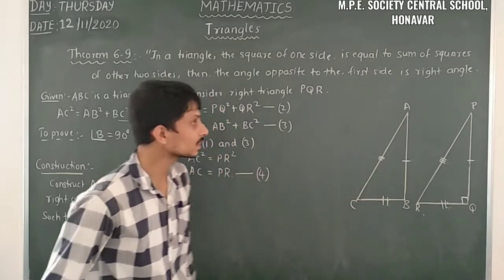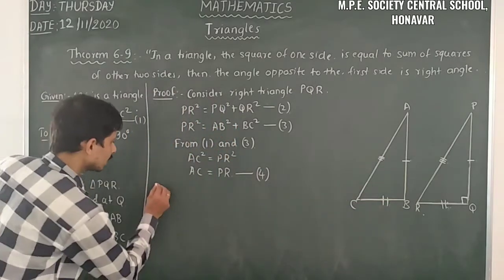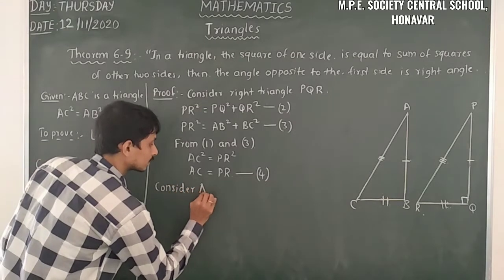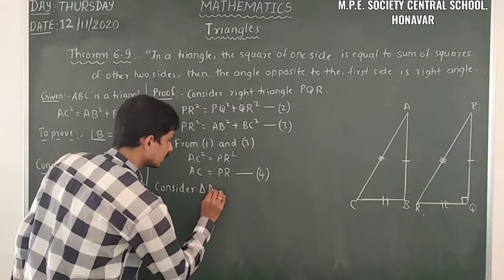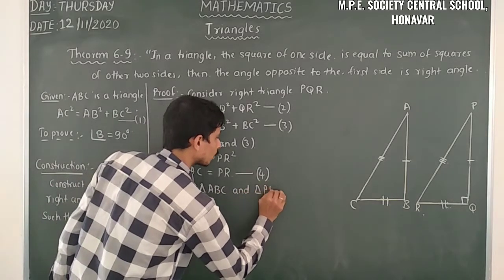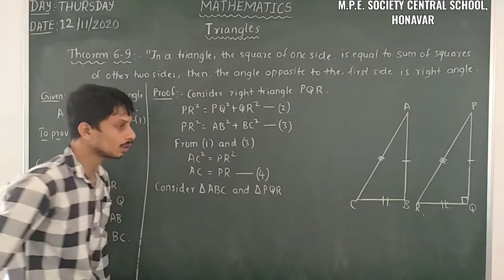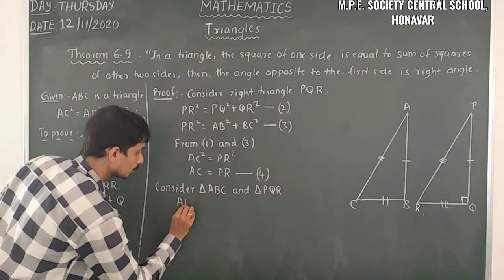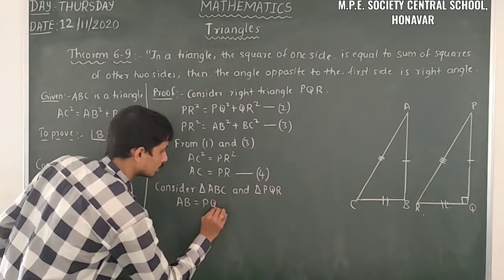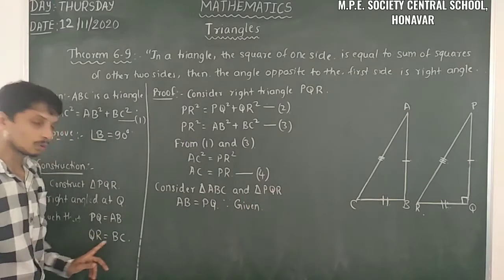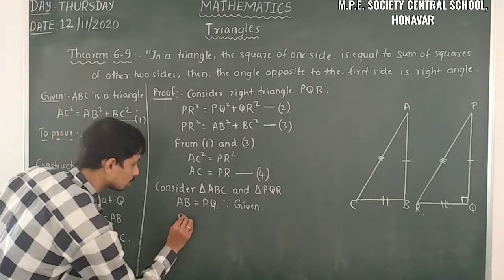Let us consider those two triangles, triangle ABC and triangle PQR. What are the equalities we have here? PQ is equal to AB, that is, AB is equal to PQ. Then QR is equal to BC, that is, BC is equal to QR.